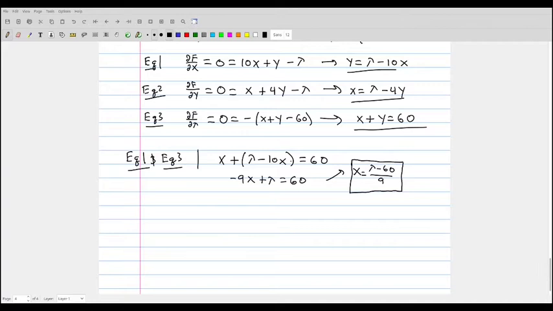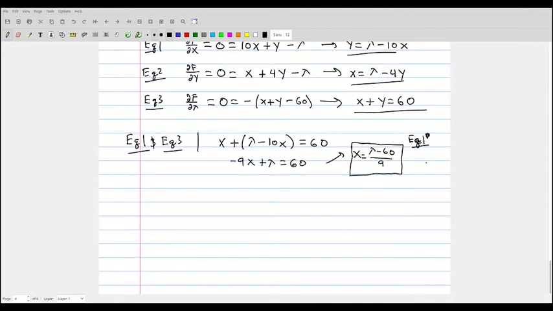We've eliminated y, so we'll call this our equation 1 star. In a similar manner, we can go through and combine equation 2 and equation 3.